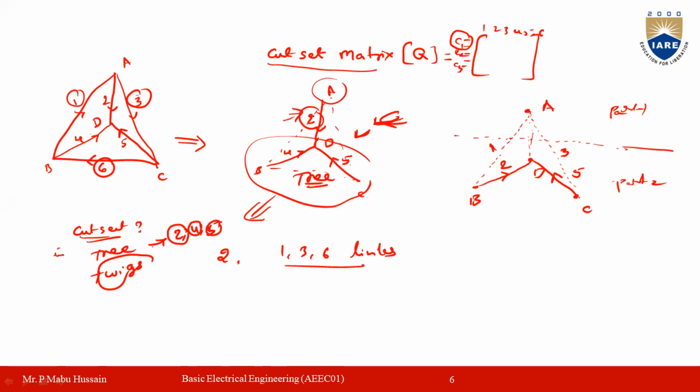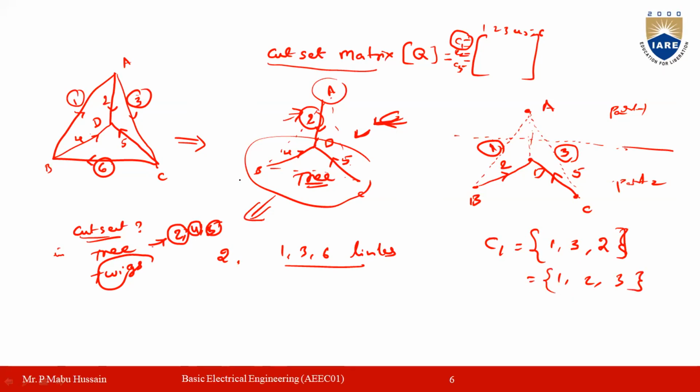So along with this twig, the links going from part 1 to part 2, that total set is called one cut set. So cut set C1 will be having the links which are moving from one part to the other part, which are 1 and 3, along with your twig, the removed branch 2. So this is one set. Simply you can represent 1, 2, 3. So 1, 2, 3 is one cut set.